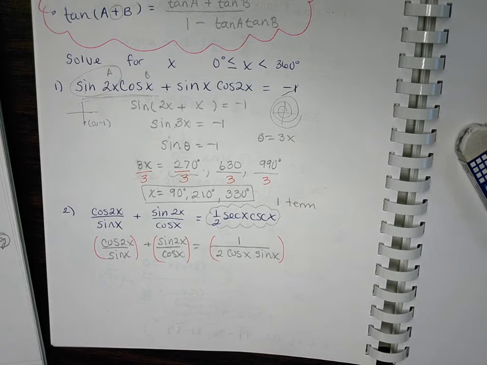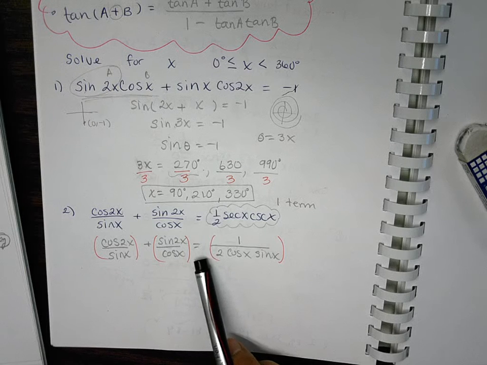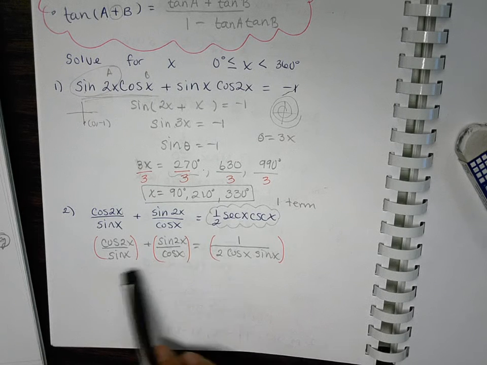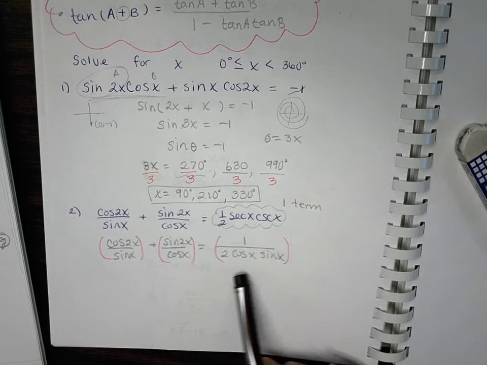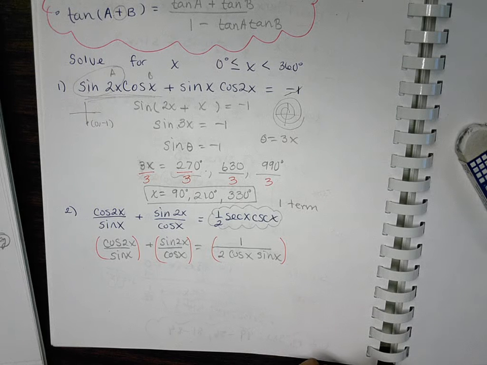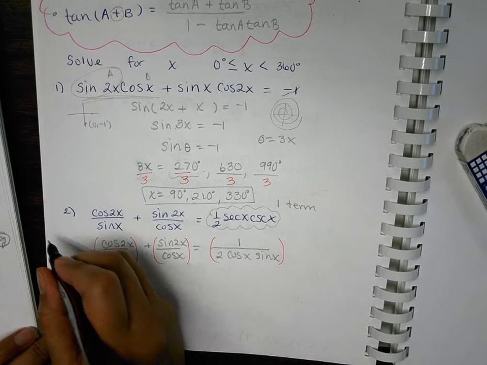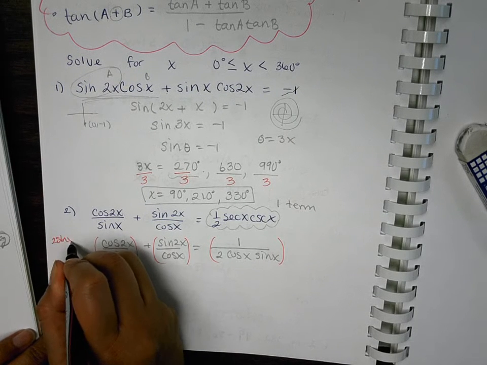There's only two cases, complex fraction and an equation. Because this is an equation, a fraction equation, we can do this. Got it? All right, so we're clearing the fractional equation. What's the common denominator? 2 sine x cosine x.